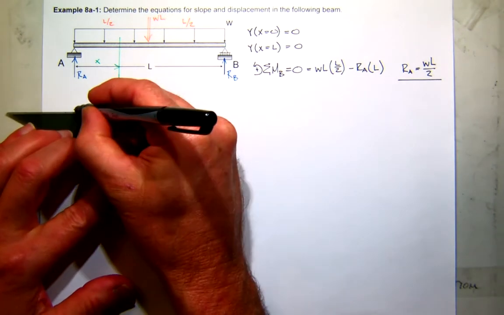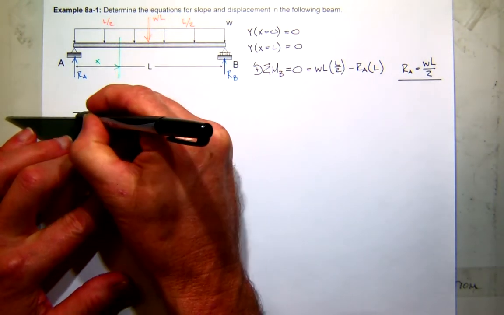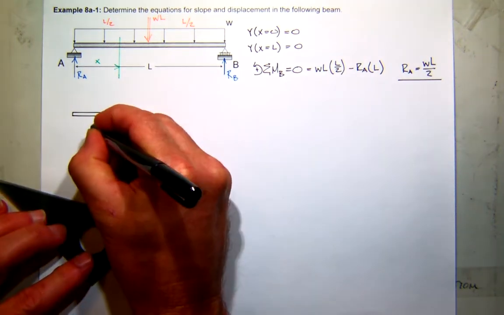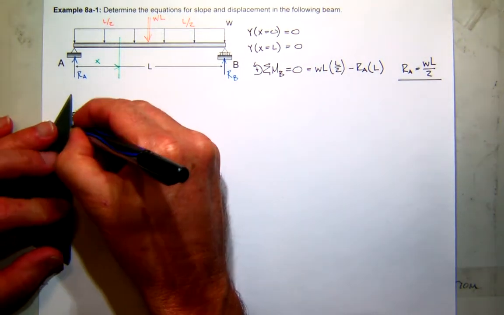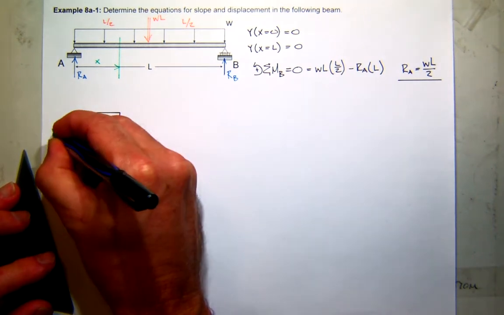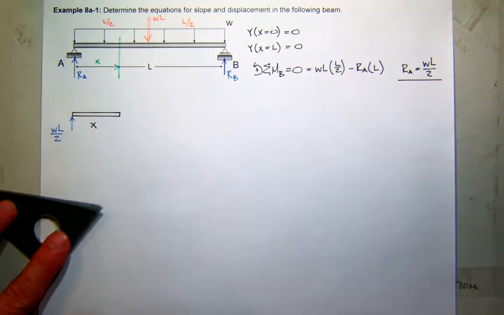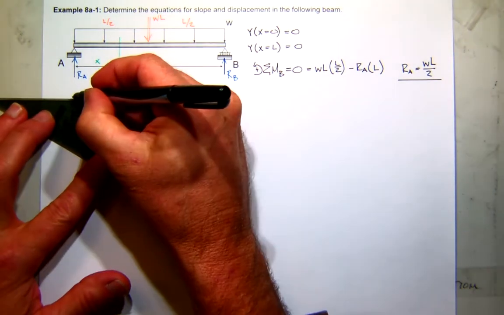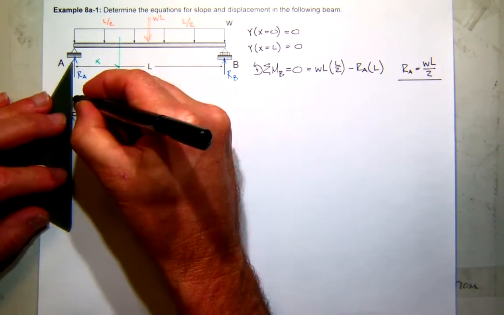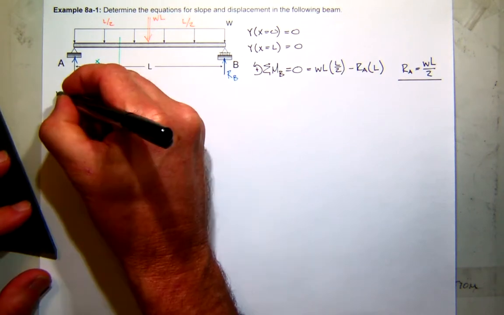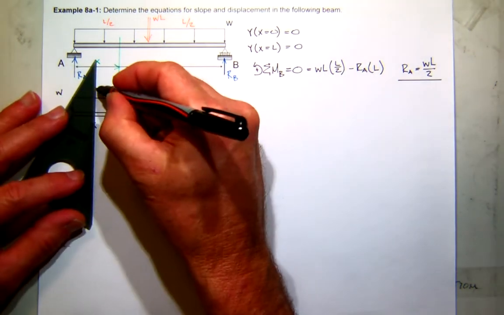So now I'm going to draw my free body diagram for this little chunk of the beam at a distance x. I know my reaction here is WL over 2. I have the distributed load, which you'll remember has an intensity of W. So what is the concentrated equivalent for that piece?